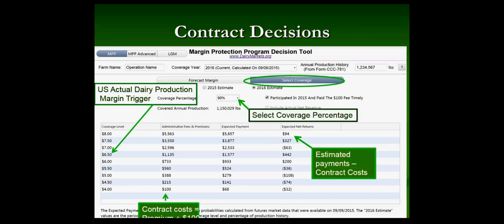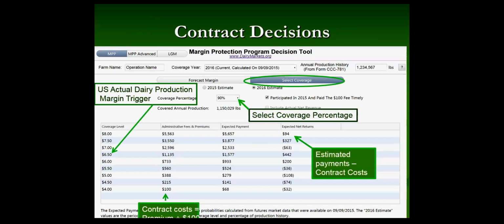Okay, so that's the cost to protect 1,150,000 pounds of milk at a 90% level, which is that number. This is the cost to protect that many pounds of milk at $8. Well, then it looks at, based upon the probabilities, all those different charts in terms of those numbers.